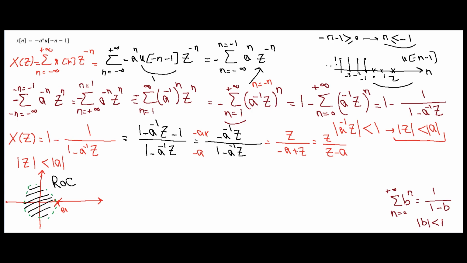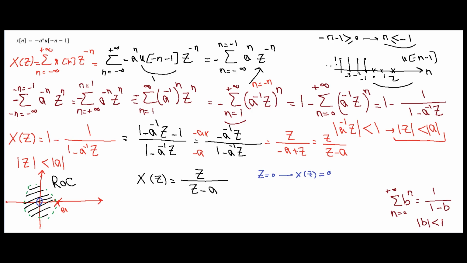Now let's identify the pole and the zero. As we explained in the previous lesson, the values of z that make X(z) equal to 0 are called the zeros. If we substitute z equals 0, the numerator becomes 0. Therefore, there is one zero at the origin.